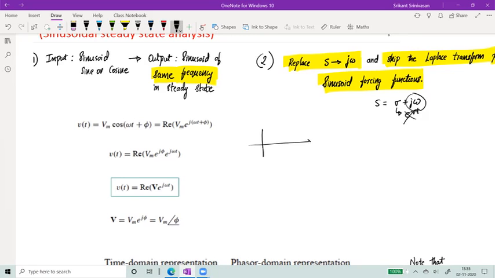If this is time and I have some function f of t, which is some sinusoid function, then if the function is just cosine omega t, at t equal to 0, cos omega t is equal to 1, and at omega t equal to pi by 2, or t equal to pi by 2 omega, this function will become 0.